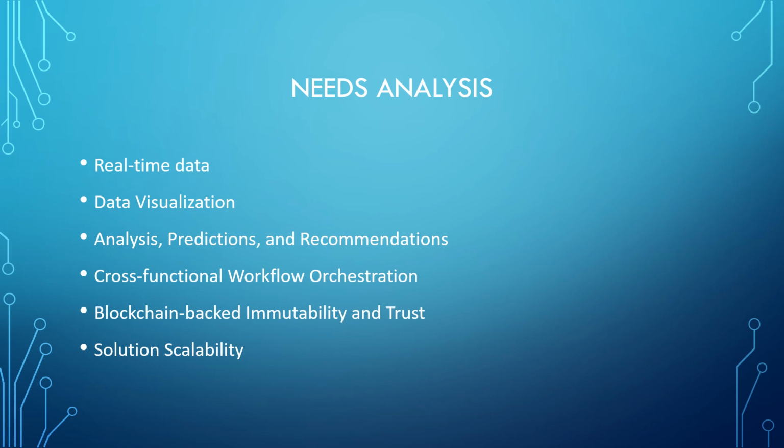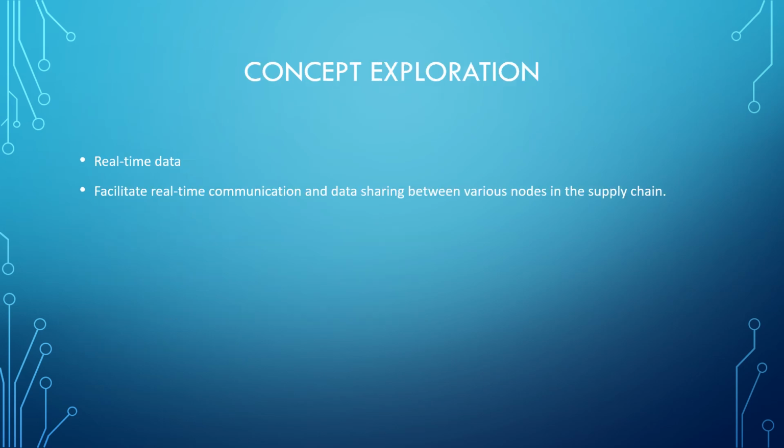Then we should consider cross-functional workflow orchestration. Then for the safety, we should consider implementing blockchain-backed immutability and trust. Of course, we need to consider solution scalability because we need to improve our project in the future, right?